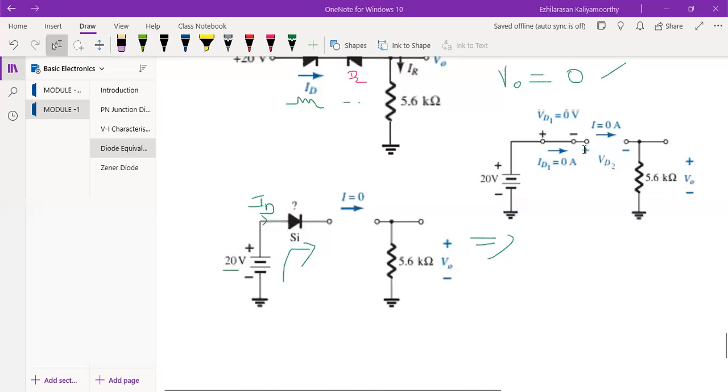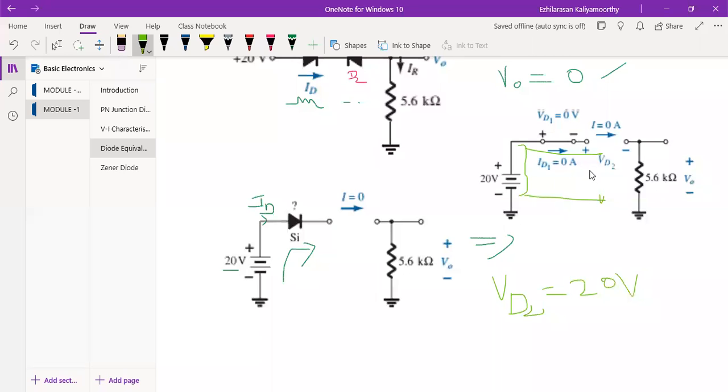If this is open circuit, what will be this voltage actually? Whatever the voltage is here, the same voltage I get even here also. Correct? So from this I can say VD2 is equal to 20 volt.